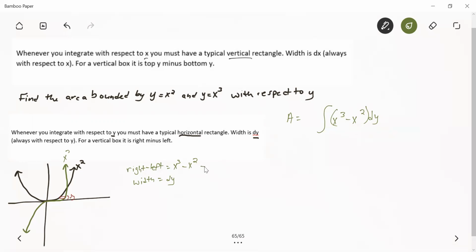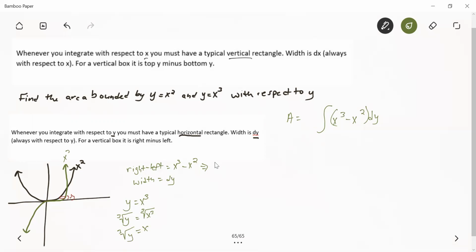So what I really have to do is convert these into functions where it's x equals. For instance, if I have y equals x cubed, to solve for x, I have to get rid of the cube. The way to do that is to take the cube root of both sides. So really x is equal to the cube root of y.